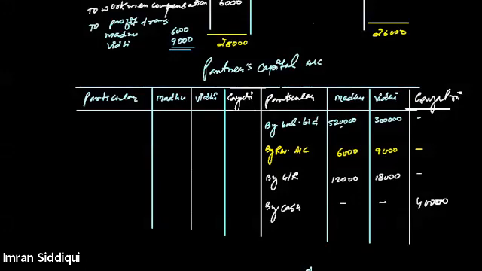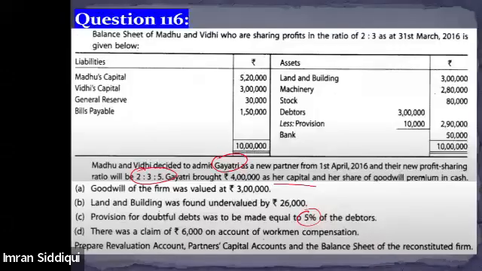Okay. Then the question also tells us that she is bringing her share of goodwill as well. The total value of the goodwill of the firm is standing at 3 lakh, right? Her share of goodwill will be 3 lakh into 5 upon 10.